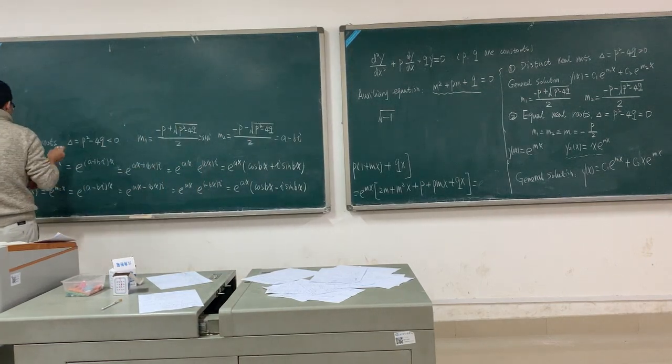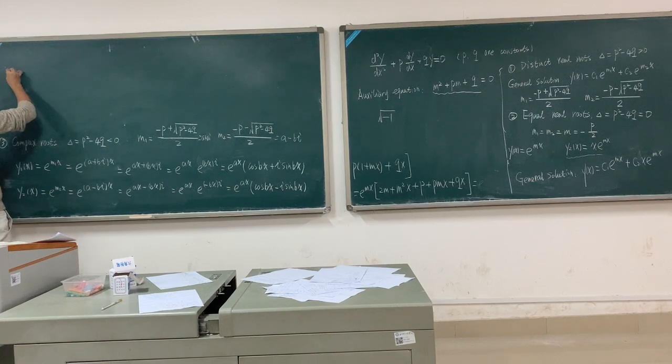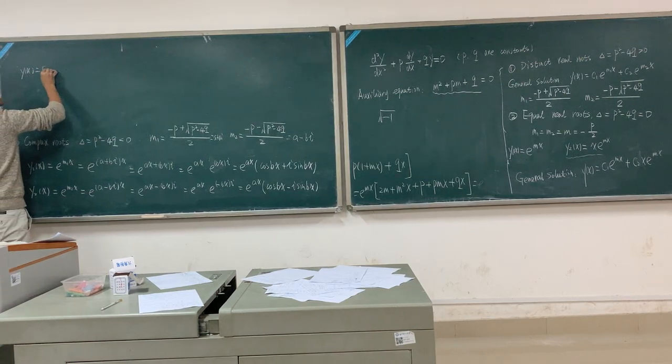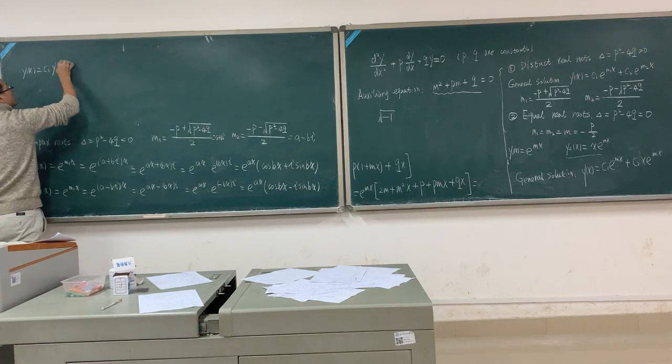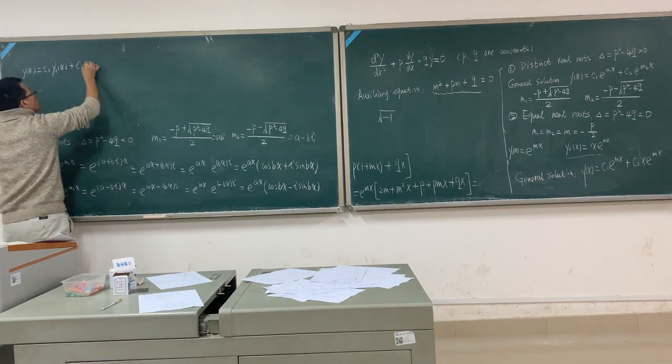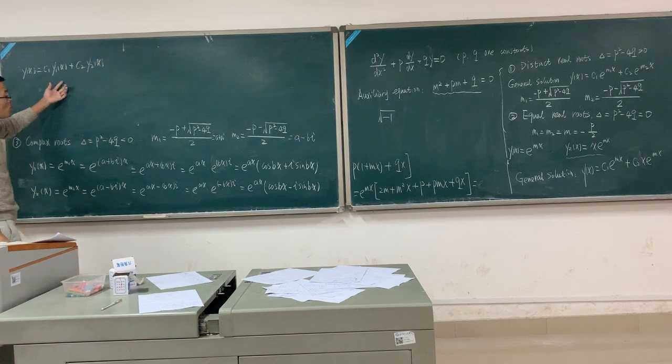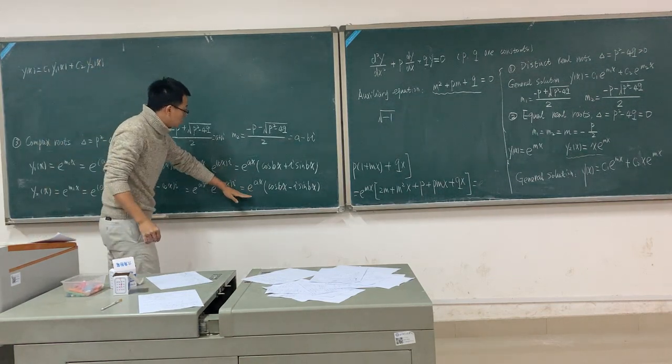So for this case, the general solution is y(x) equal to c1 y1(x) plus c2 y2(x). So y1 is here, y2 is here.